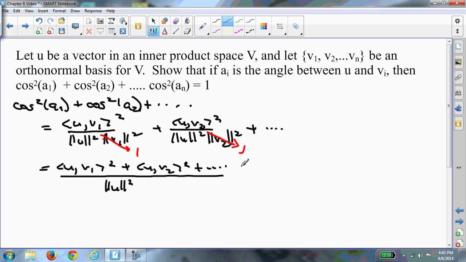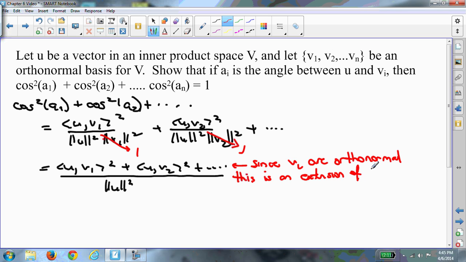However, since V sub I are orthonormal, this is an extension of the Pythagorean theorem, and equals magnitude of U squared.